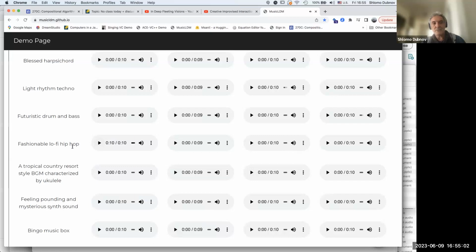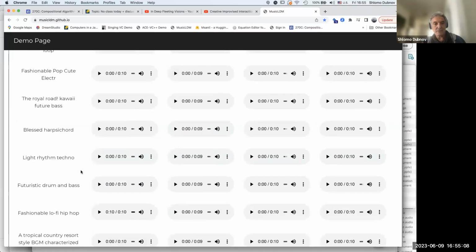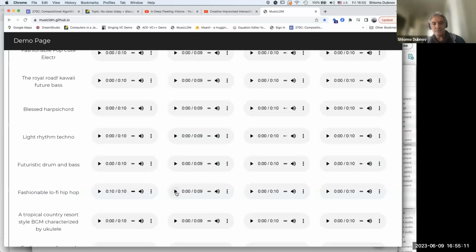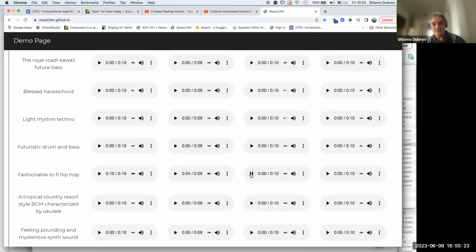So this is fashionable lo-fi hip hop. This is the prompt. I think that's the Refusion second, right? Yes, so lo-fi hip hop. This is what Refusion gives. Refusion, I must say, almost always sounds the same. And the Mubert, okay.